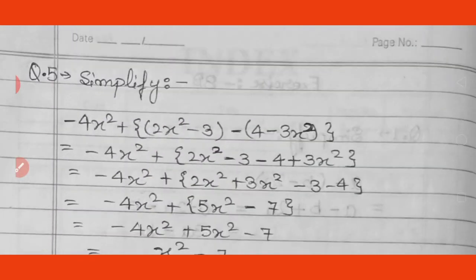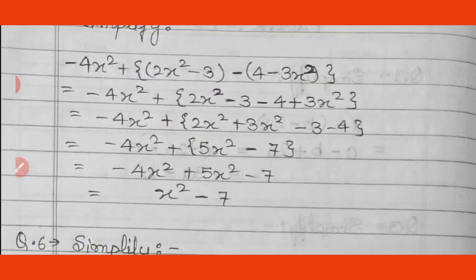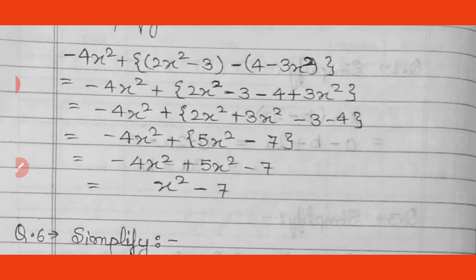Next question, for the simplification it has given minus 4x square plus, a middle bracket, and after it a small bracket is given: 2x square minus 3, bracket of minus 4 minus 3x square, small bracket off, and the curly bracket off. So first of all, whenever brackets are given, firstly we have to solve the brackets.